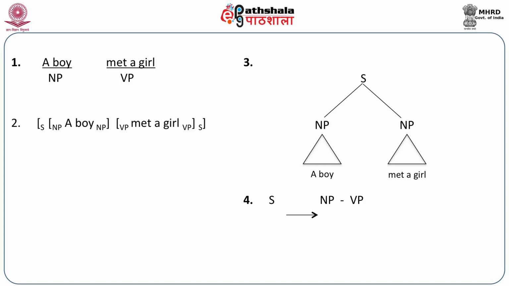We can also use tree diagrams to say the same thing. Like you see in 3, here S is divided into two parts or two constituents, the noun phrase, which is a boy, and the verb phrase, which is met a girl. This is called a tree diagram.